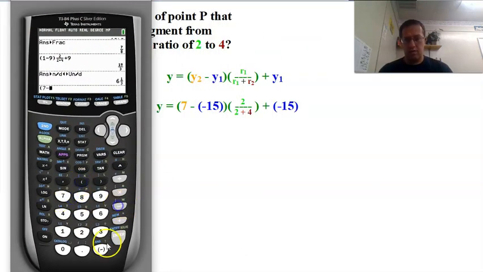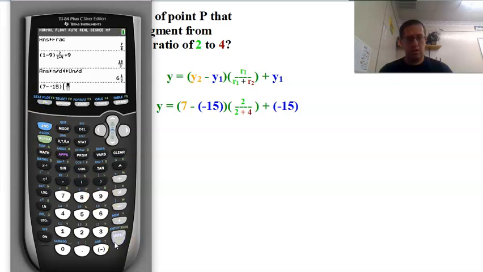So we have 7 minus -15, close parentheses, times, pull up my fractions, 2 over 2 plus 4. I could just easily type that in as 6, I did it again. Let's not do that. There we go. Get outside of that. And then plus -15.